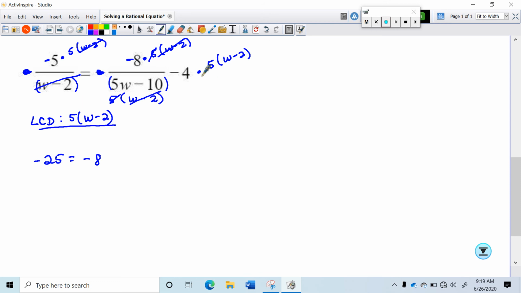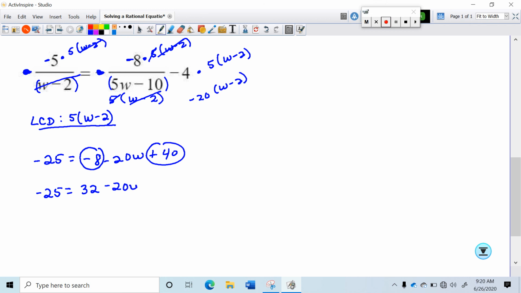And then this is negative 4 times 5, which is negative 20, times W minus 2. Negative 20 times W is negative 20W. Negative 20 times negative 2 is a positive 40. So I know what negative 8 and a positive 40 is. Negative 25 equals 40 take away 8 is 32, minus 20W.